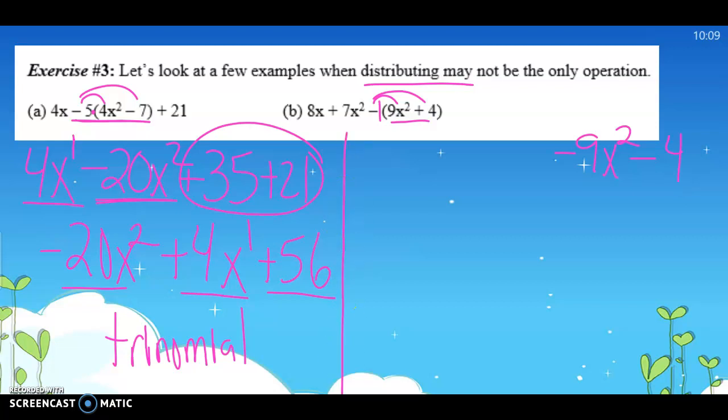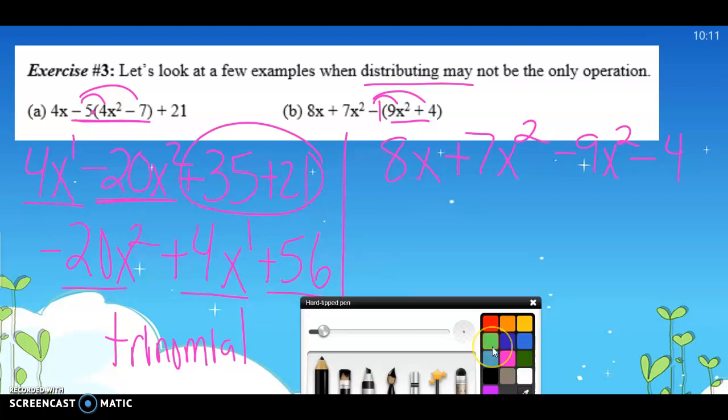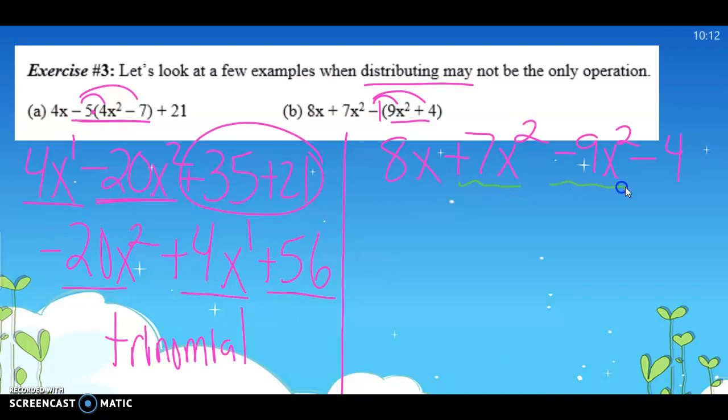Let's go ahead and bring down the other pieces of this puzzle, 8x plus 7x squared. And I'm going to stop right there. When we're looking at this, we got to identify the like terms. So the like terms are the ones with the same variable, same exponent. Now, integer rules apply here. You have $7, you owe somebody 9.